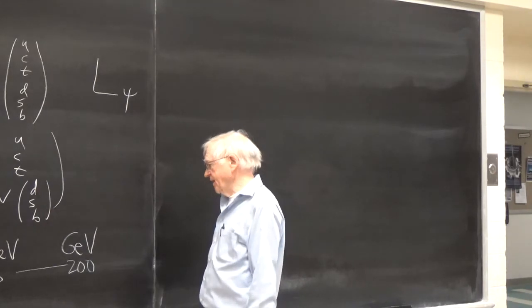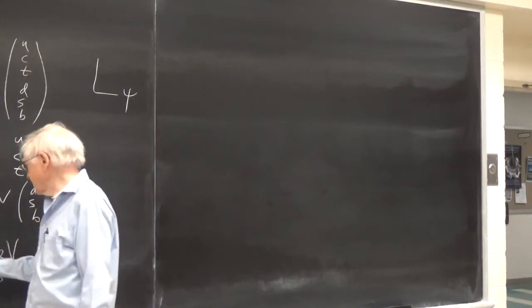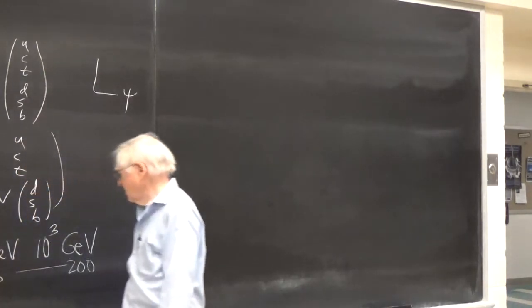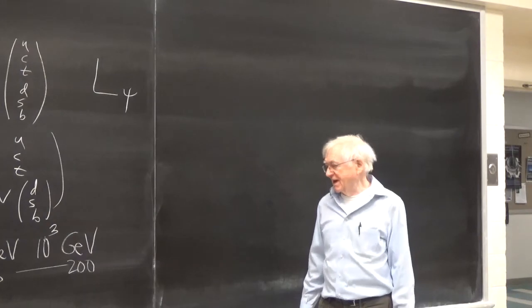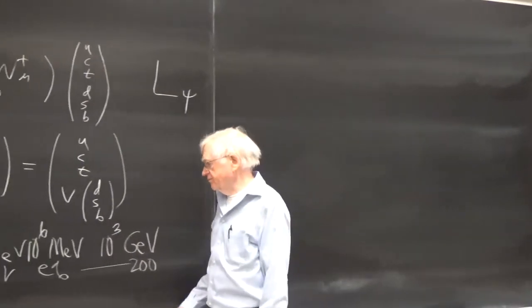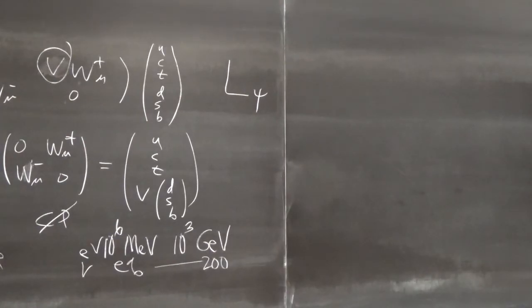So that's quite a gap. This is a gap of 10 to the third, but this is a gap of 10 to the sixth. So there's a double gap there in mass, and in particular, people have worried, why are the neutrinos so light?